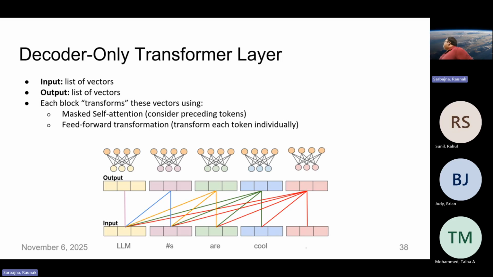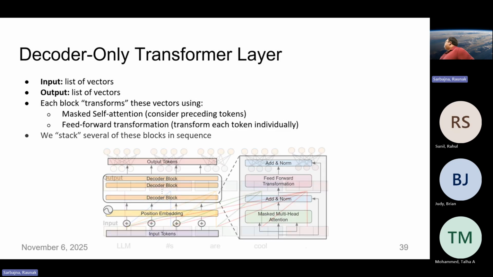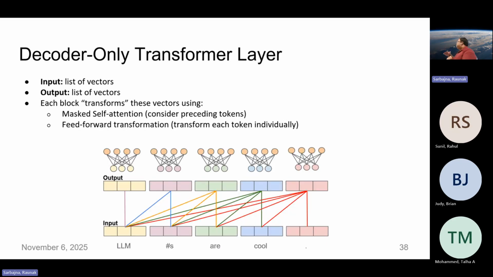This is how the decoder, or the transformer layer, works. And we do it many times. We stack this process over and over again. That's how these models are stored as well, and that's what it means when it says some model has 300 billion parameters, some model has 1 trillion parameters.